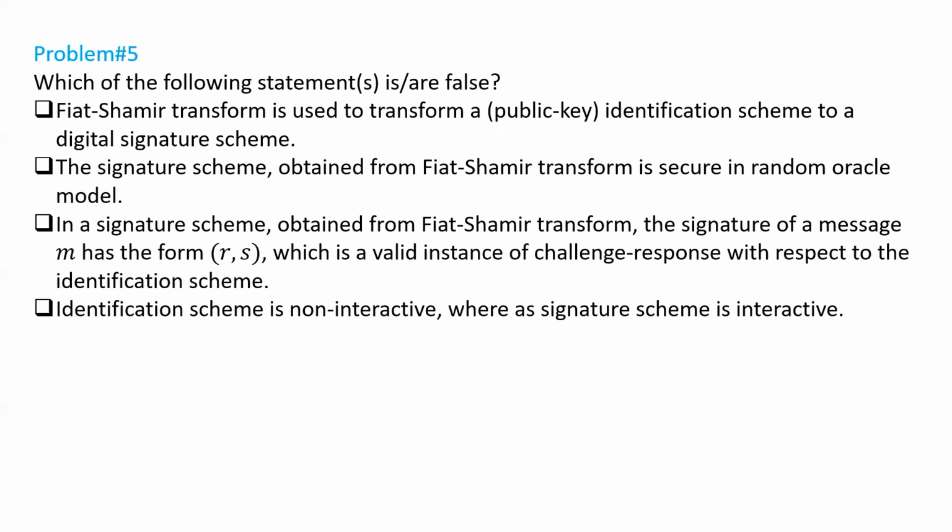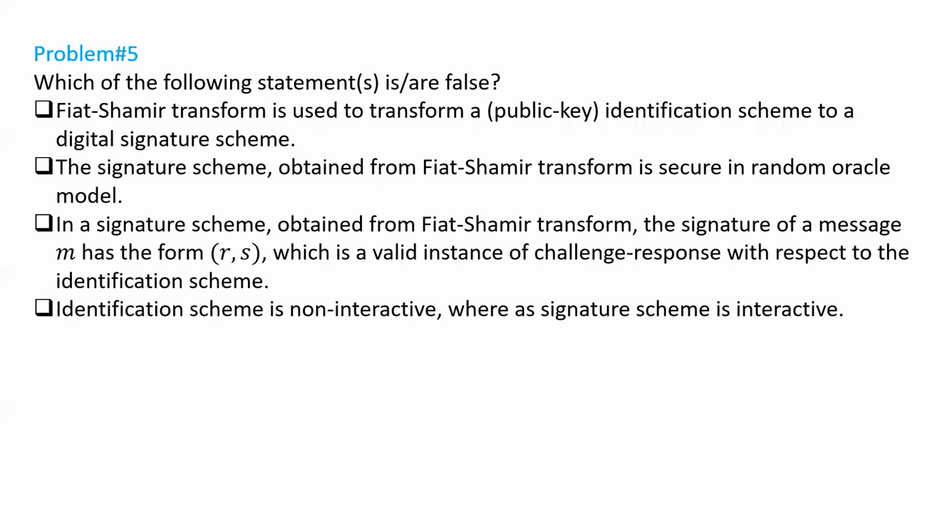Now, so the first statement is of course correct. I just wanted to recapitulate how the Fiat-Shamir transformation works. So I described it. The second statement says that the signature scheme obtained from the Fiat-Shamir transform is secure in the random oracle model. Yes, it is secure in the random oracle model, because the hash function is modeled as a random oracle, right?